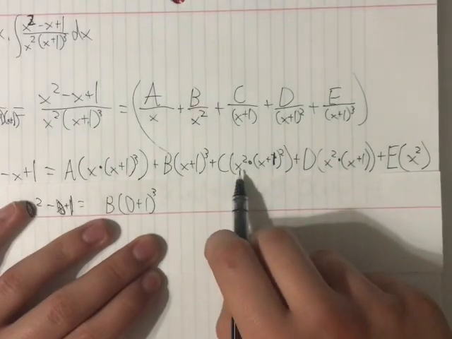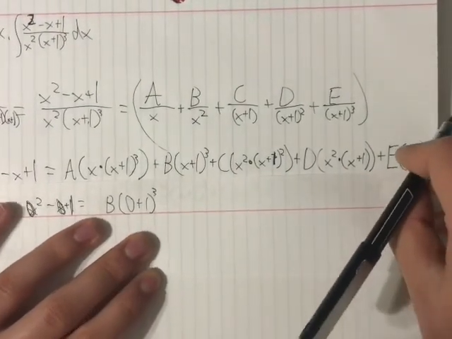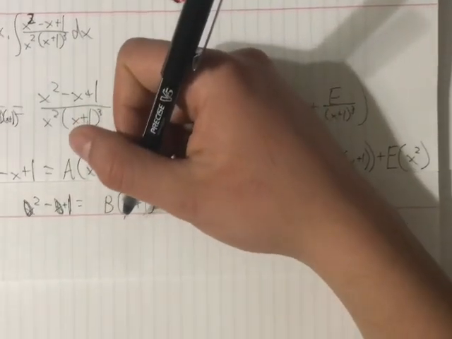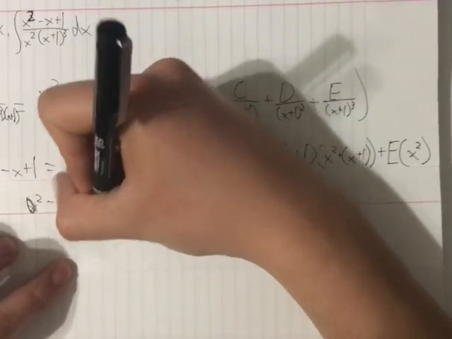Then we have c, which will go to 0. Then we have d, which will go to 0, and e, which will go to 0. So we can begin solving. So 1 equals b.